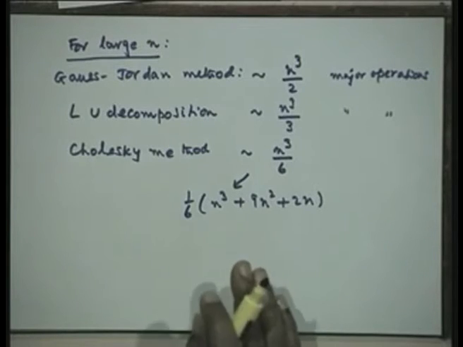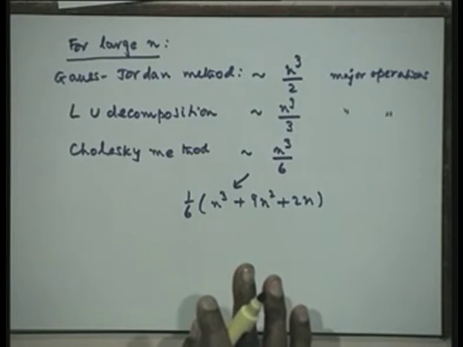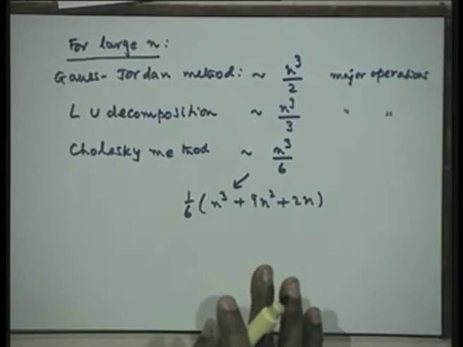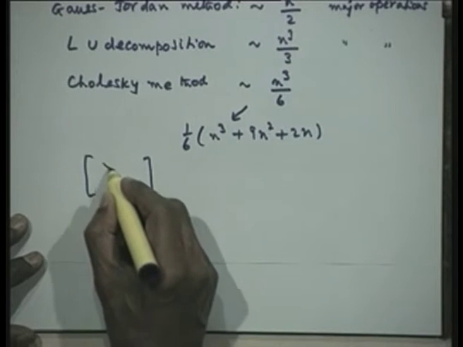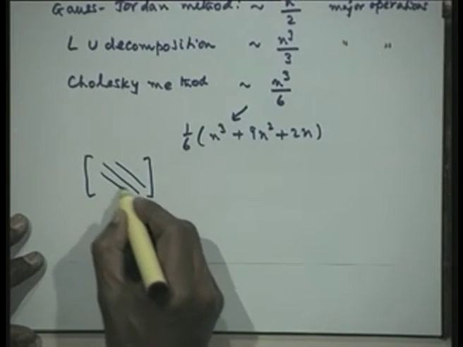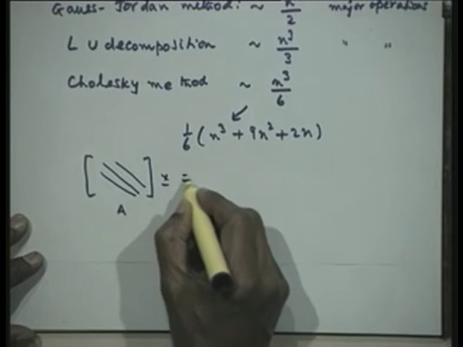Now, very often when you are solving ordinary differential equations or partial differential equations by the finite difference or finite element methods, we come across tridiagonal systems of equations. This is a very important system of equations that arises in practical applications. What is that system? A is going to have only 3 diagonals, that is A x is equal to p.